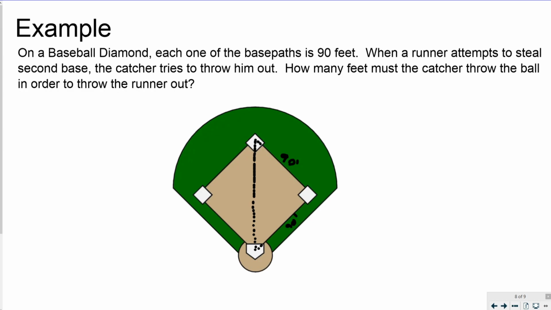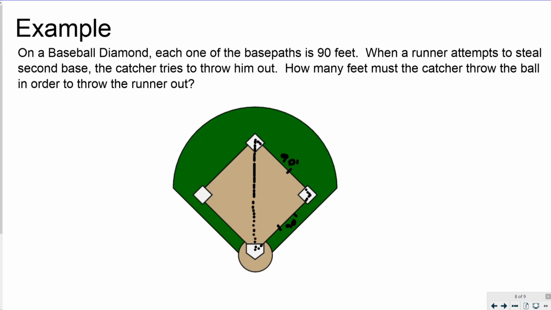So if I am calculating this missing measurement, I know I have two congruent sides in this triangle, so it's isosceles. And what's helpful to know is that all of the base paths in baseball form 90-degree angles with each other.